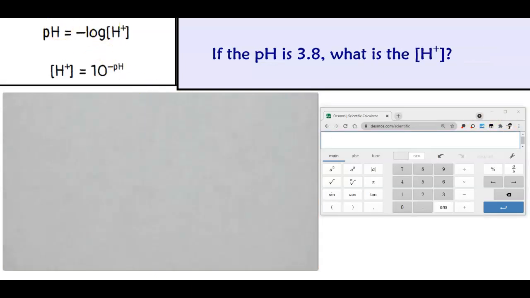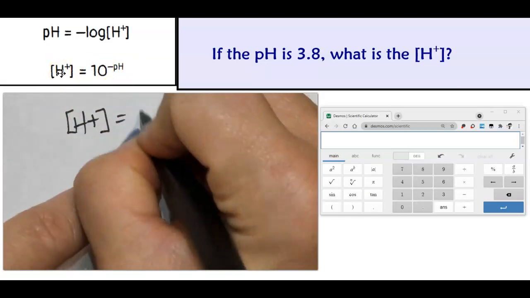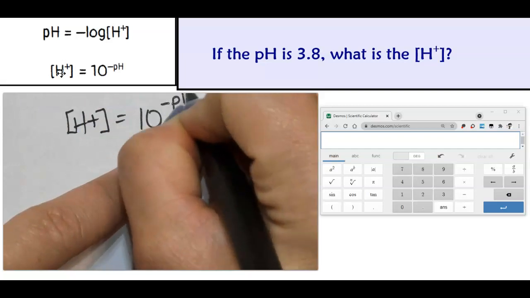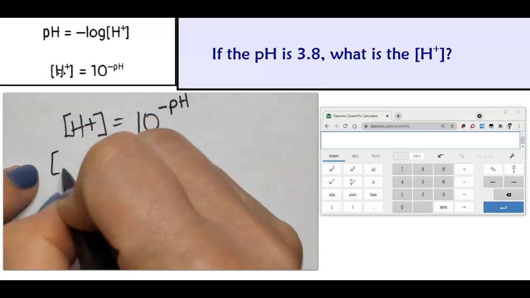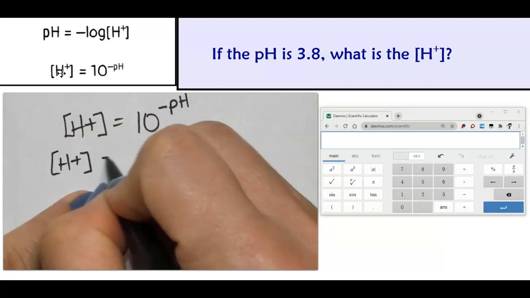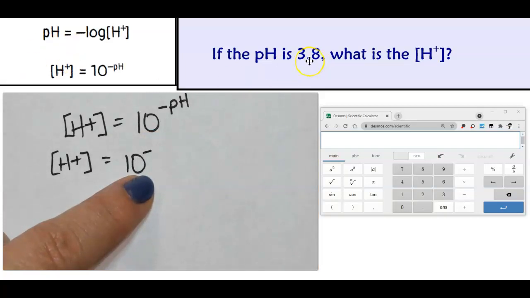Now it's going to appear like we're doing the reverse. If we have the pH is 3.8, what is the hydrogen concentration? So I want to use this equation, which will solve for hydrogen. The hydrogen concentration is equal to 10 raised to the negative pH. So in order to type this in, we're going to fill out our equation, H plus equals 10 raised to the, and they give me the pH is 3.8.